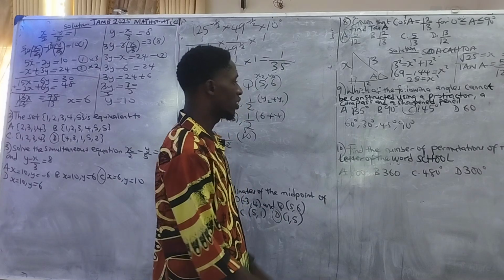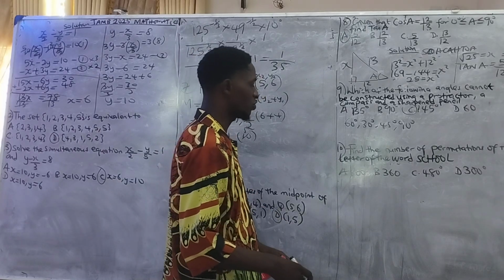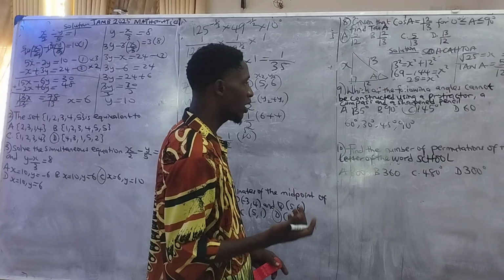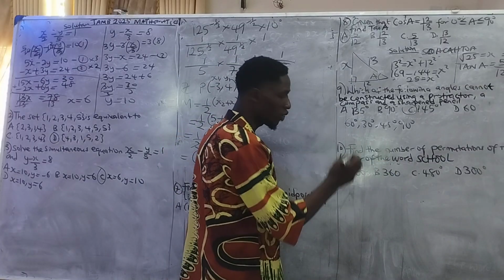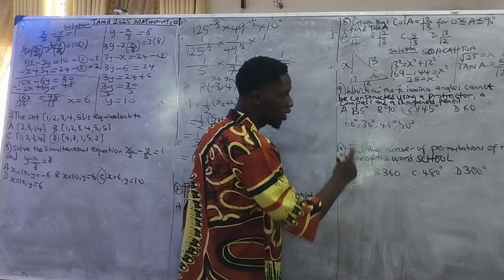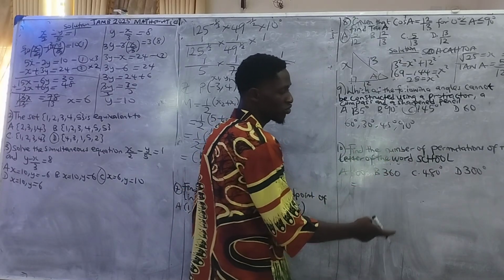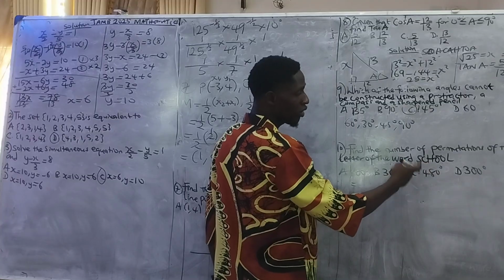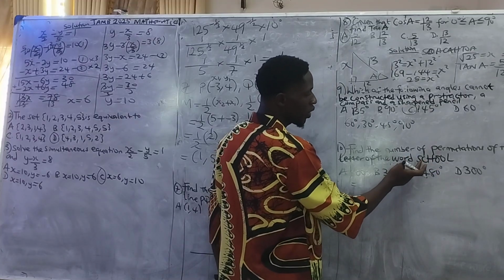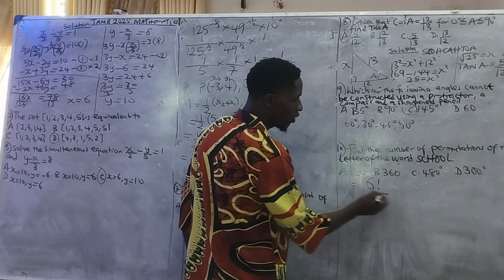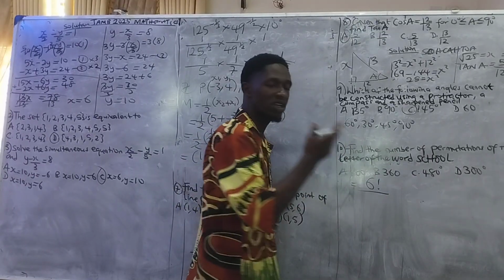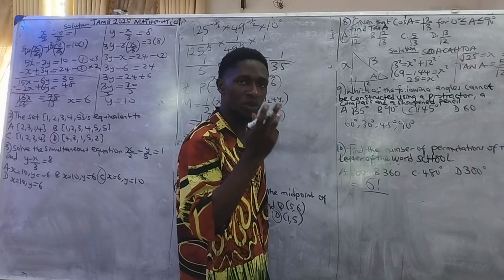Number 10, we have permutation and combination. Find the number of permutations of the letters of the word school. For you to solve this kind of question, you have to count the total number of letters there. So we have 1, 2, 3, 4, 5, 6. So you write 6 factorial over, then you check how many of the letters occurred more than once.